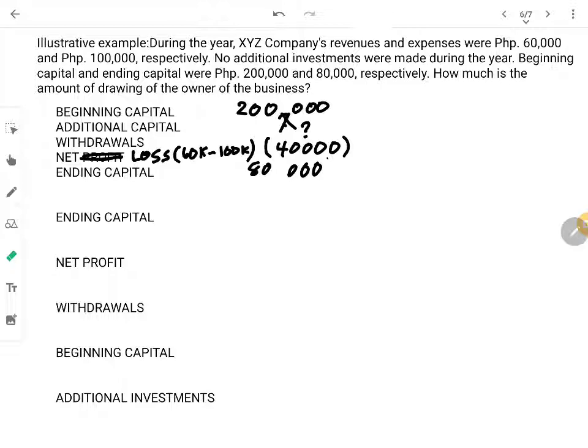So, walang beginning capital, ay additional capital. So, tingnan natin. So, i-reverse na naman natin. Tingnan natin kung ilan yung drawing ng company. So, mali yung ginawa nating ano dito. So, erase natin.